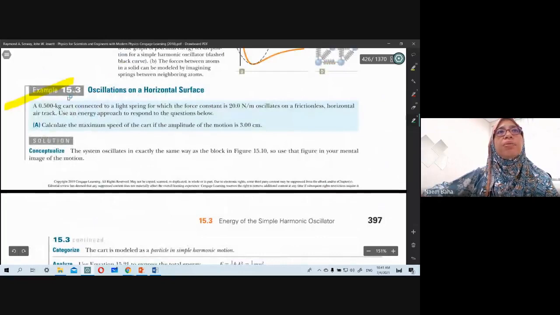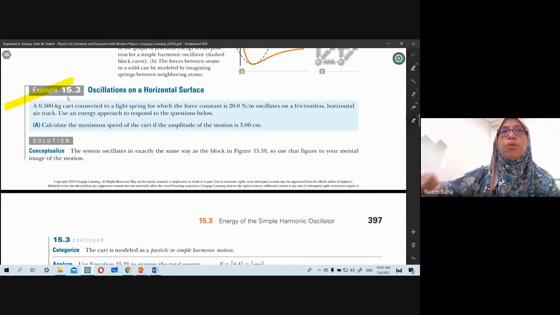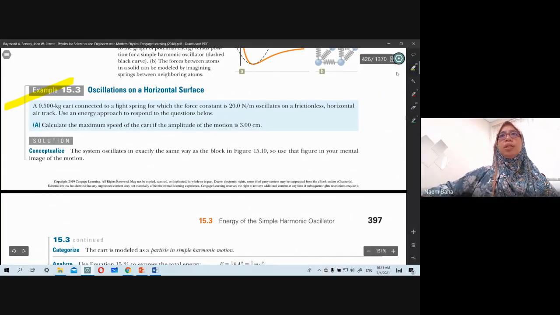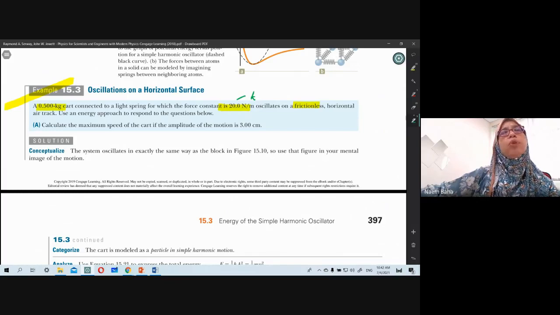Let's have a look at example 15.3, where whatever we have seen just now we are going to use in this expression. In this example, a 0.5 kilogram cart is connected to a light spring with force constant 20 Newton per meter, on a frictionless horizontal air track. Use the energy approach to respond to the questions below. Why a cart?